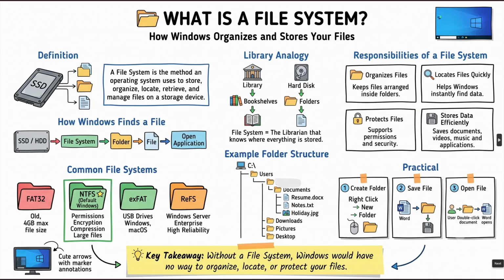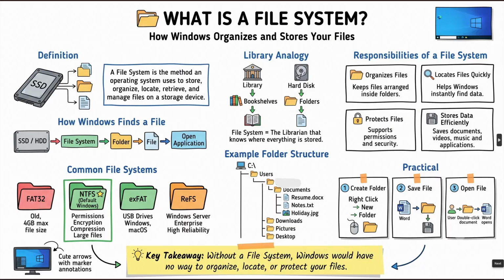Okay. The third one is protecting the files. It supports permissions and security. I'll give you an example to show how you provide restricted access to some user in your folder or file, and which person will be able to read it, which person will be able to write on it.